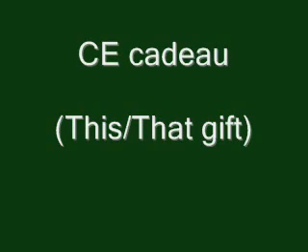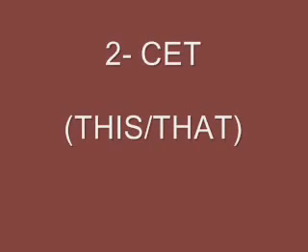Alright? Ce cadeau, this gift or that gift. Ce fantôme, this ghost or that ghost. Okay, now, what happens if the noun is masculine, singular, but starts with a vowel or a silent H? Well, this will lead us to the second demonstrative adjective.